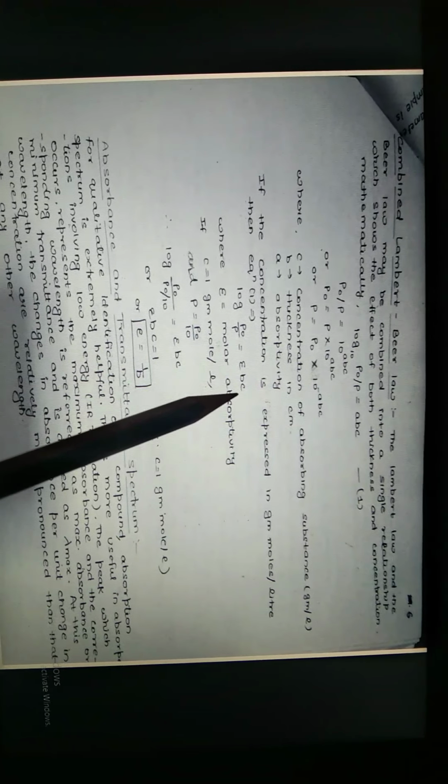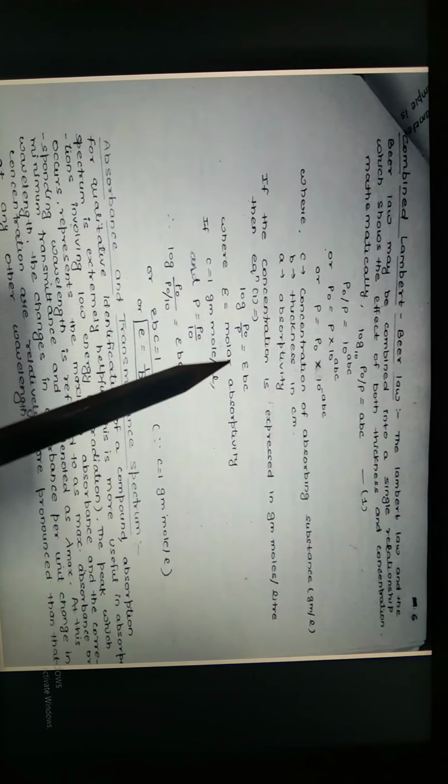Now if the concentration is given in gram moles per liter, then the equation changes to log P naught by P equal to epsilon BC, where epsilon is the molar absorptivity.